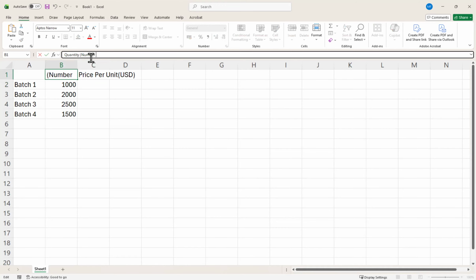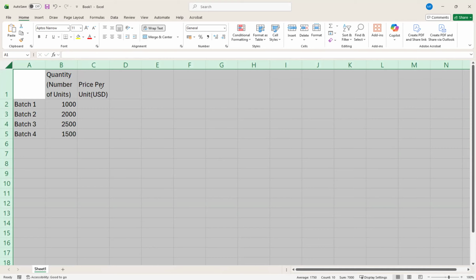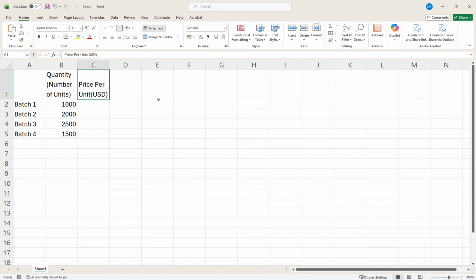So let's do it together, guys. Please be active. Please help me out. Please give your ideas also to make it better. So we have quantity, and we have price per unit.